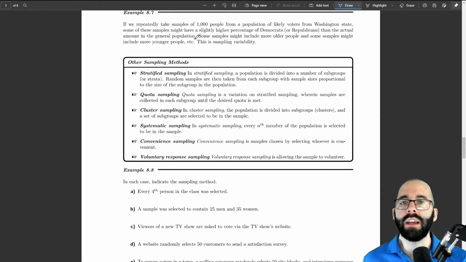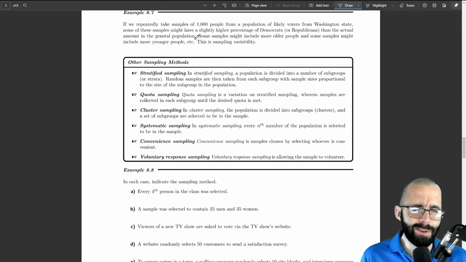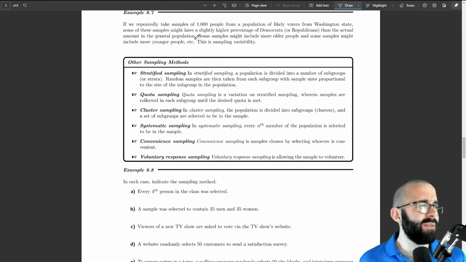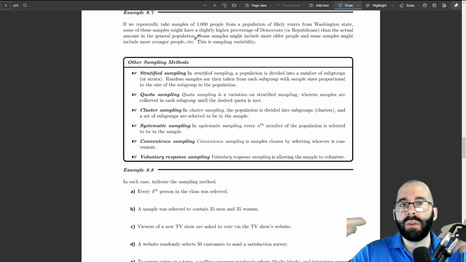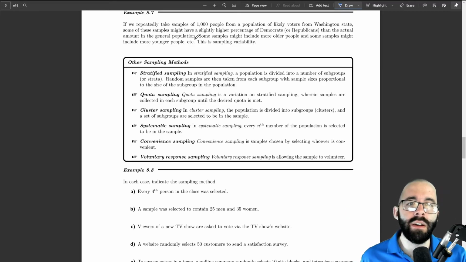So we could get lucky or unlucky, depending on your point of view, but probably unlucky if you're a statistician, regardless. And your sample might just randomly be really skewed in some kind of metric. In this case, it would be political leanings. That can happen. So some samples might include more older people, some samples might have more younger people, etc. And this is another example of sampling variability.